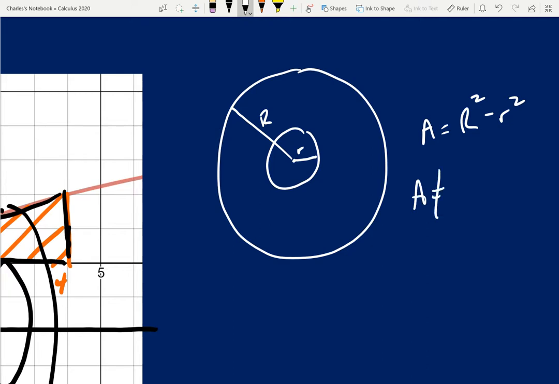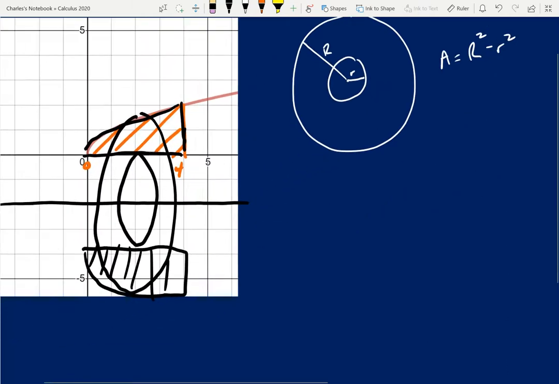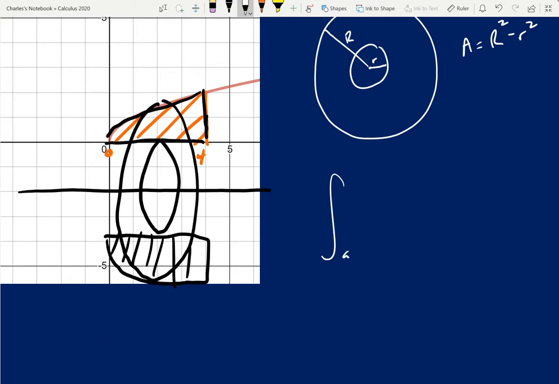Notice that it is not R minus r squared. So when you have a section with washers, you need to adjust your formula so that it's usually going to be the integral from a to b of pi times R, which is some function of x, squared, minus little r, which is some function of x, squared dx.